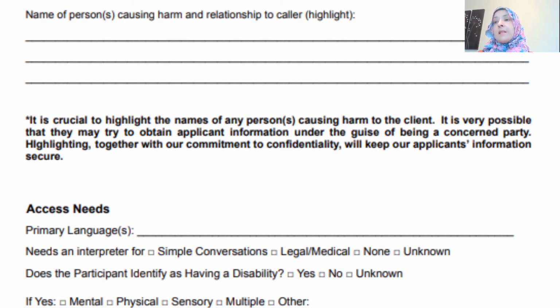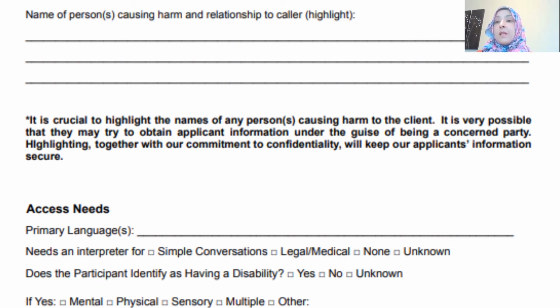The reason for this is that there may be situations where somebody who has been causing harm to the applicant finds out that they're trying to access services through NSL and may actually call up and impersonate somebody who's one of their support team. And again, we have a protocol around that because we do not disclose to anyone whether we are working with a particular individual.